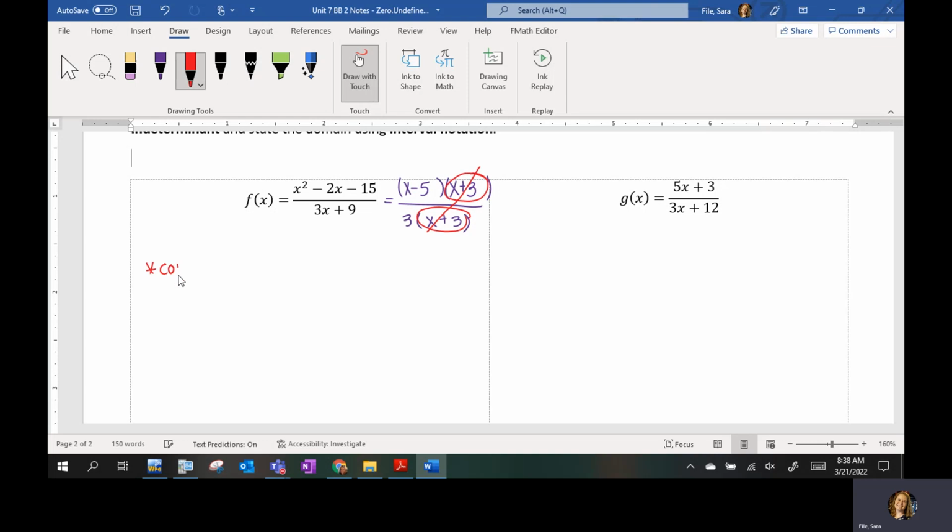Okay, so if there's a common factor in the numerator and the denominator, there is a hole.